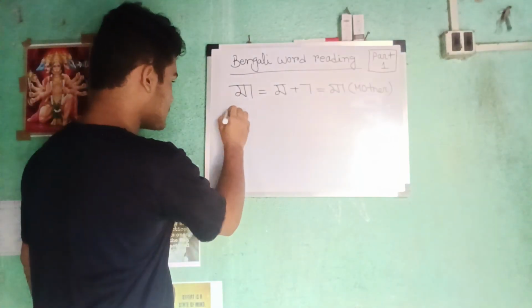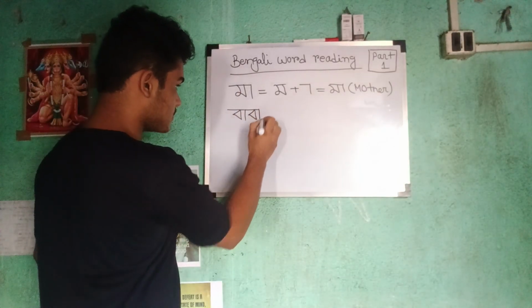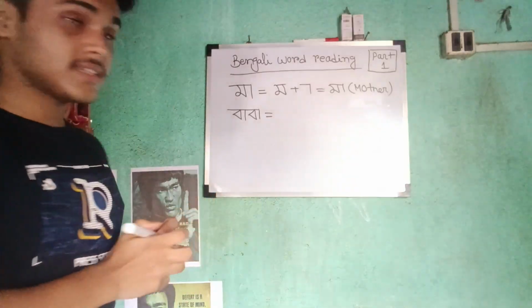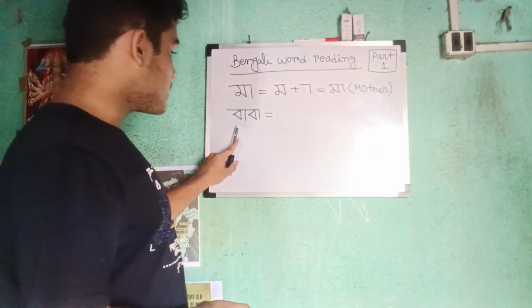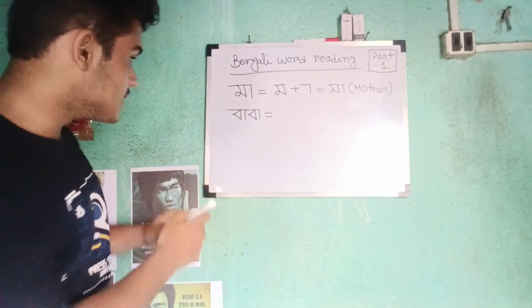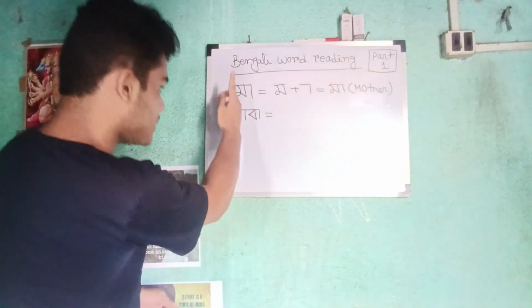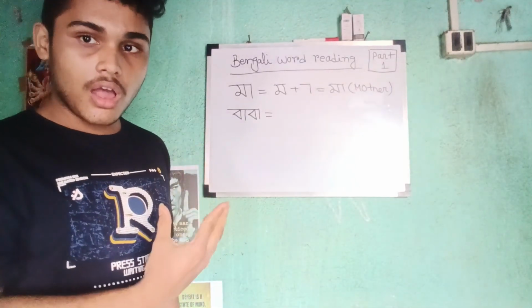After that we have this. What is this? If you don't understand how to pronounce it, you can split it. This is bo. After that we have a vowel sign, which means ba.